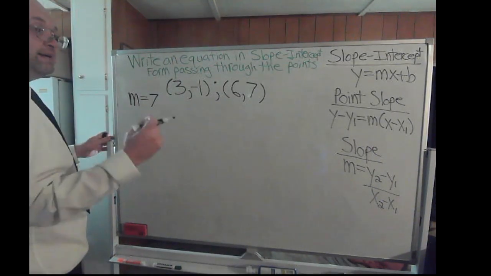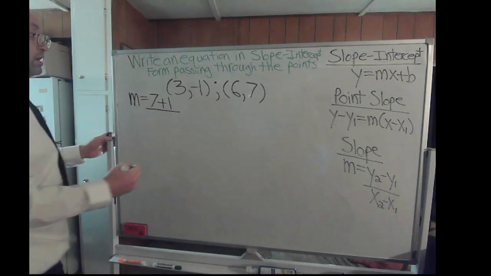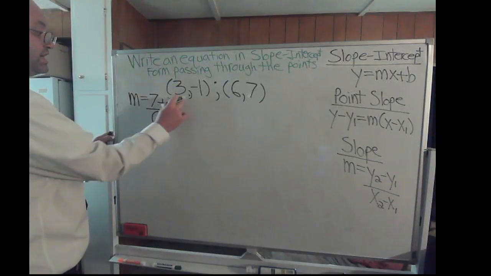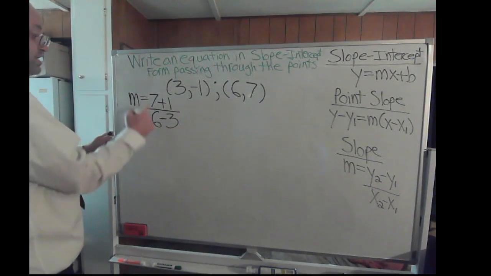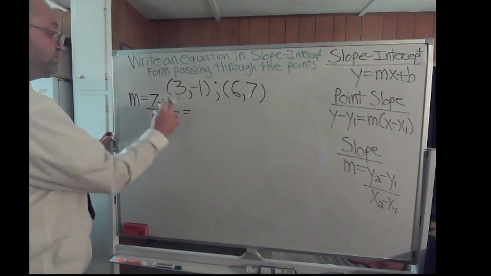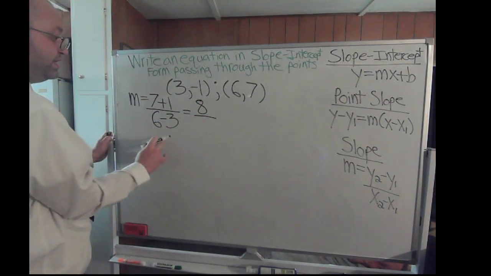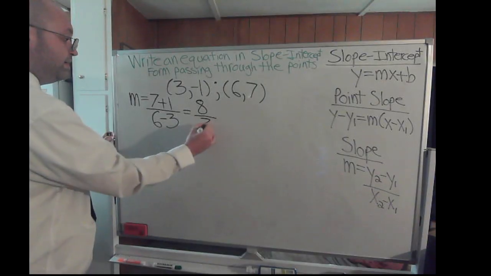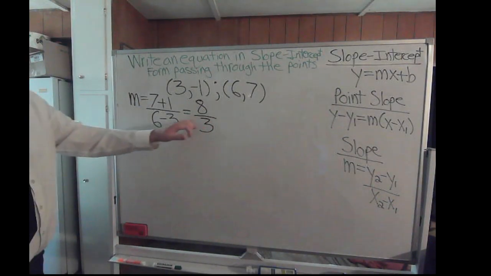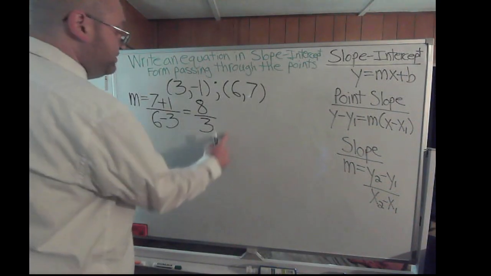Well, 7 minus -1 turns into 7 plus 1, all over your second x-coordinate of 6 minus your first x-coordinate of 3. So you have 7 plus 1 over 6 minus 3. Well, 7 plus 1 in the numerator is 8. 6 minus 3 in the denominator is 3. And we can't reduce this any further. So your slope of this line is going to be 8/3. That's your slope, is 8/3.